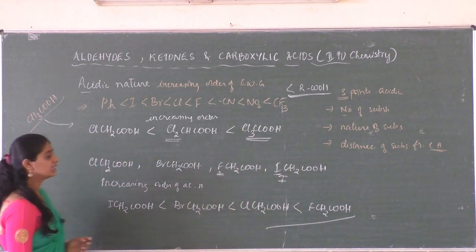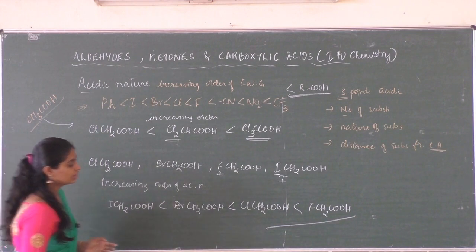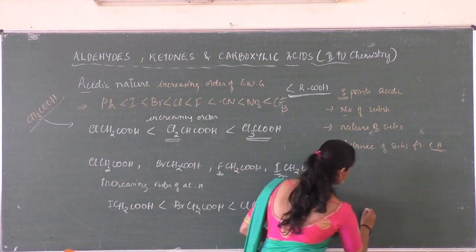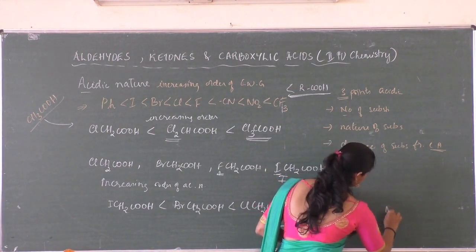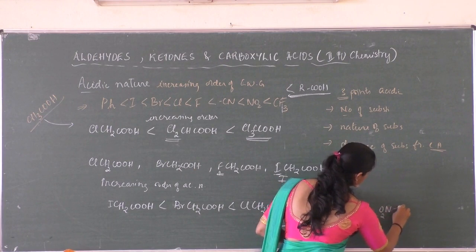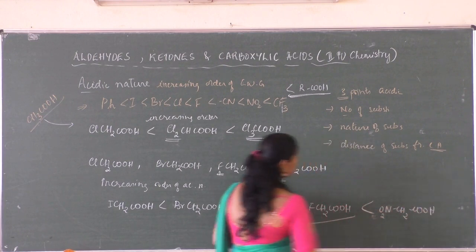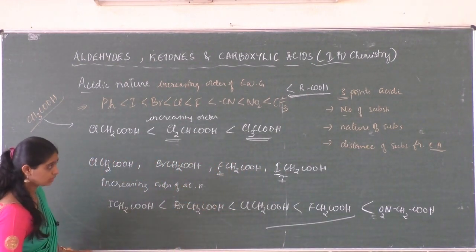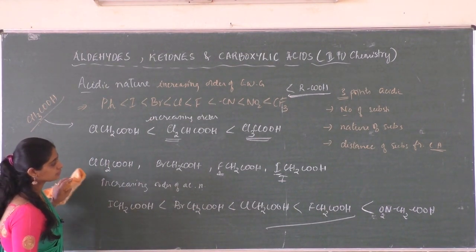So this is about the nature of substituent group. If instead of fluorine we substitute a cyano group or a nitro group is attached, then this group will be most acidic comparing to the rest of all. Or cyano group, CF3, anything will be permitted. Clear?